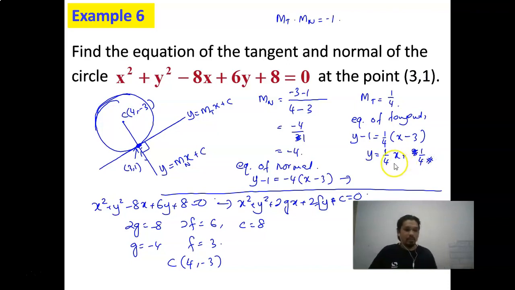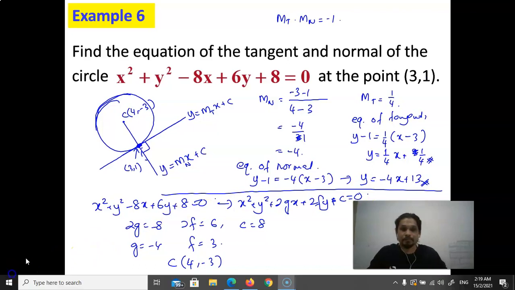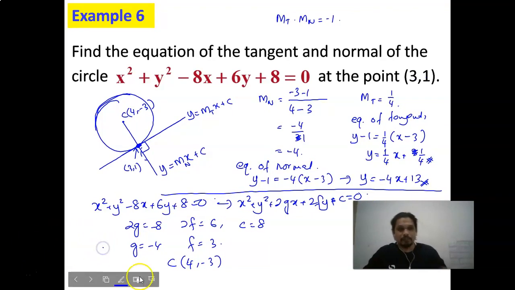And for the equation of normal, y minus 1 equal to negative 4 times (x minus 3), here you should get y equal to negative 4x plus 13. Okay, that's it. The solution for this question here now.